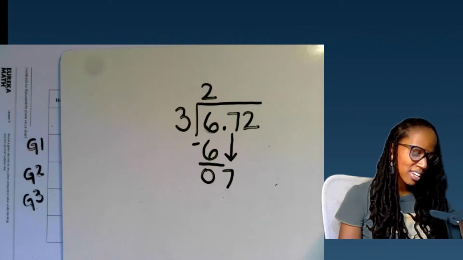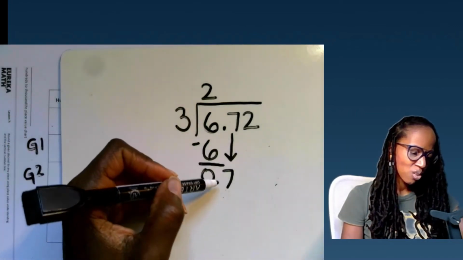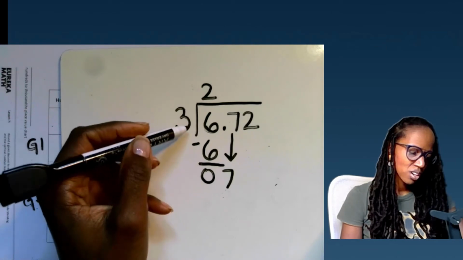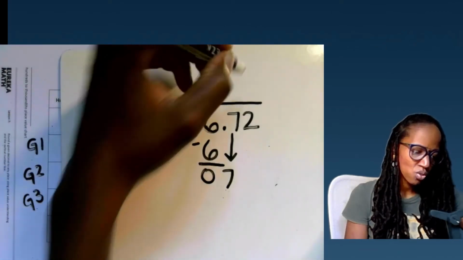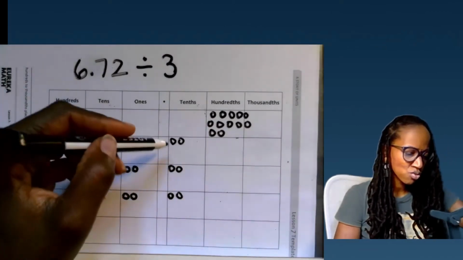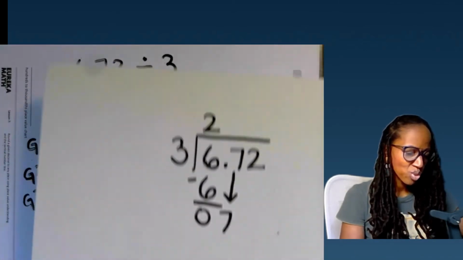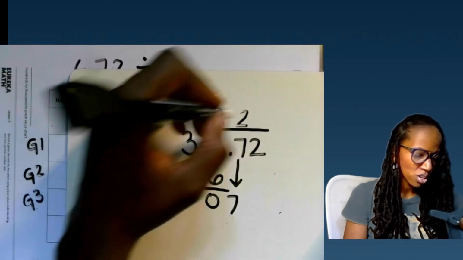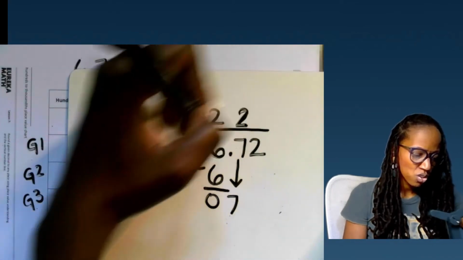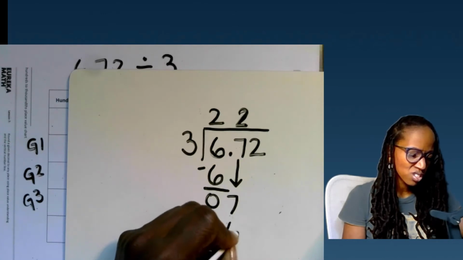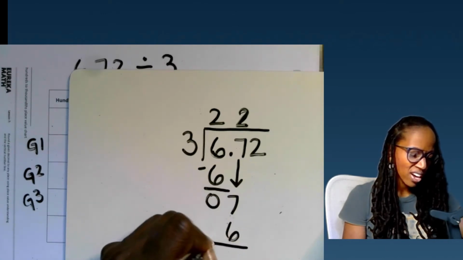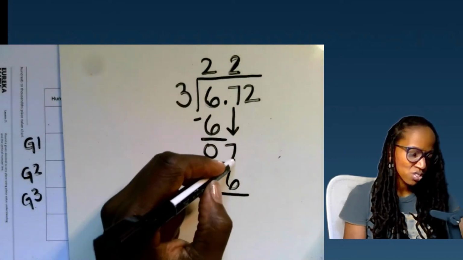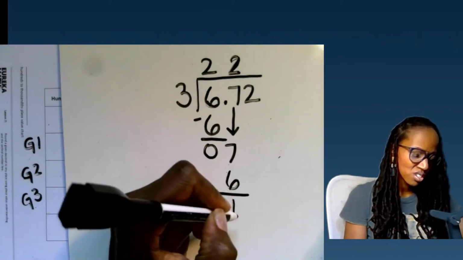Well, I realize that each group could have 2, and this is what happened. I had 2 tenths in each group. So I'm going to put a 2 in the tenths place, okay? 2 groups of 3 gives me those 6 tenths. Again, I'm going to subtract all that I have used, and I have used 7 minus 6. I've used 6 of those tenths.